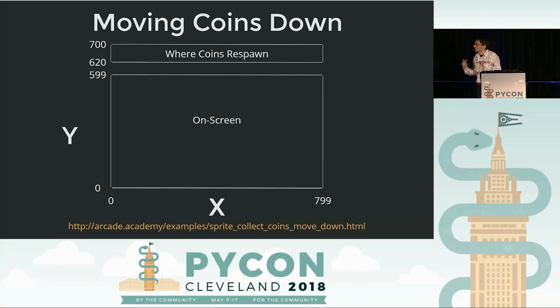Anyway, if the coin falls off the bottom of the screen, then I know that the top y coordinate of that sprite is going to be less than 0, right? So when it falls off the bottom, I'm going to need logic to respawn the coin, and I'm going to re-put the coin somewhere up above the screen so that it can slide back onto the screen. I'm going to do that somewhere 20 to 100 pixels above the screen in that top box there. Then the coin will just slide on.